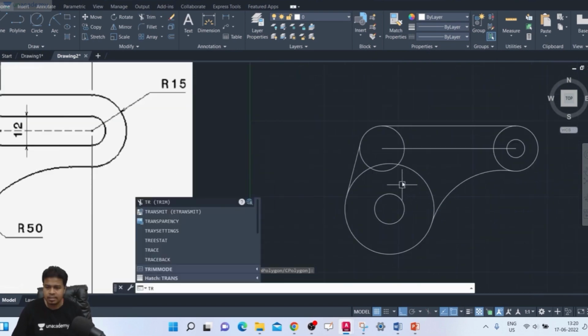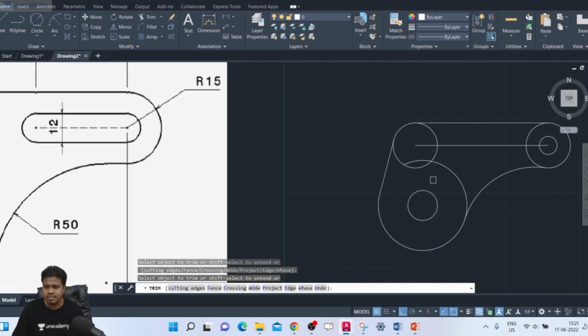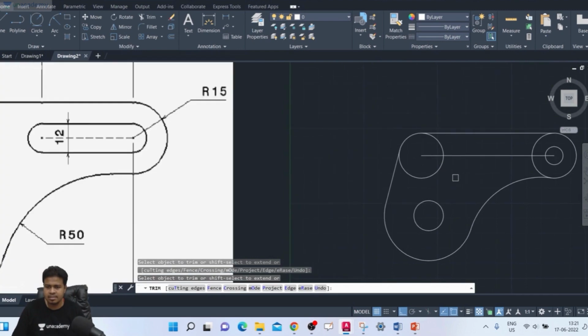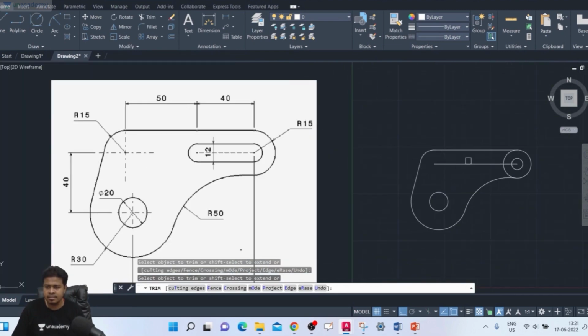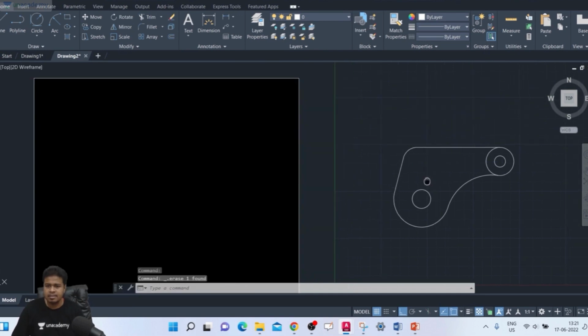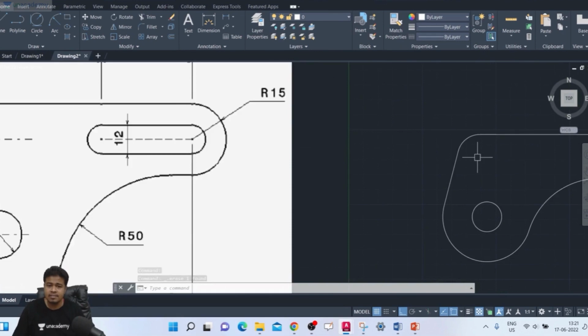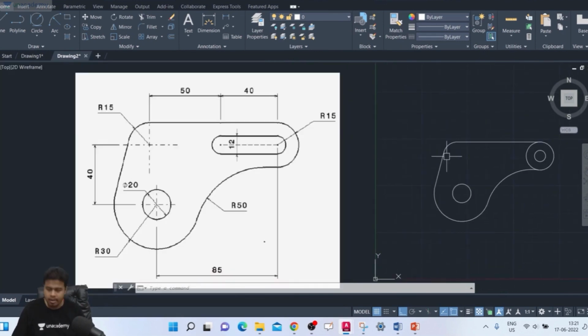Double enter. So you can trim this, trim this, and delete this line. So this is how it will be. I hope this is clear to you.